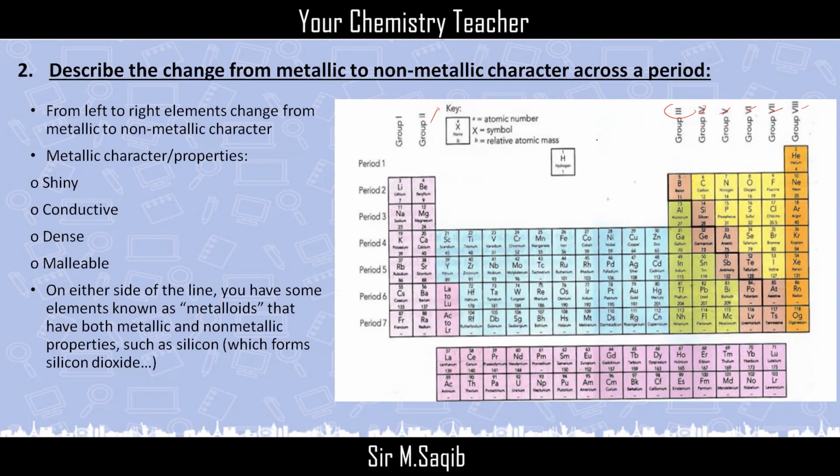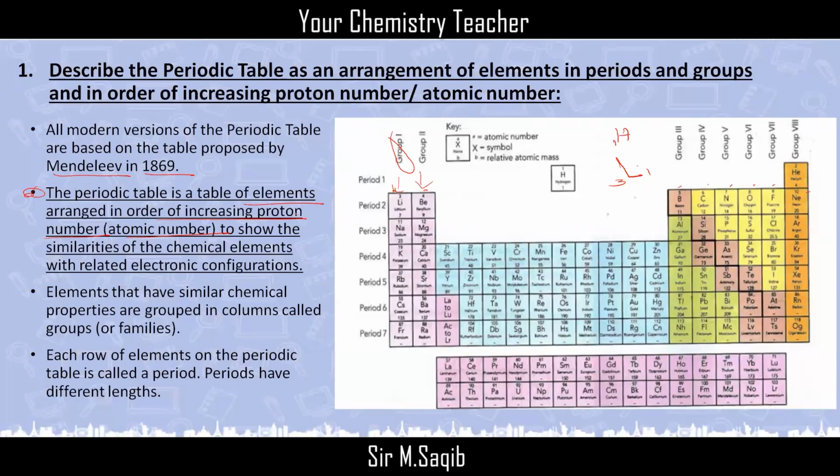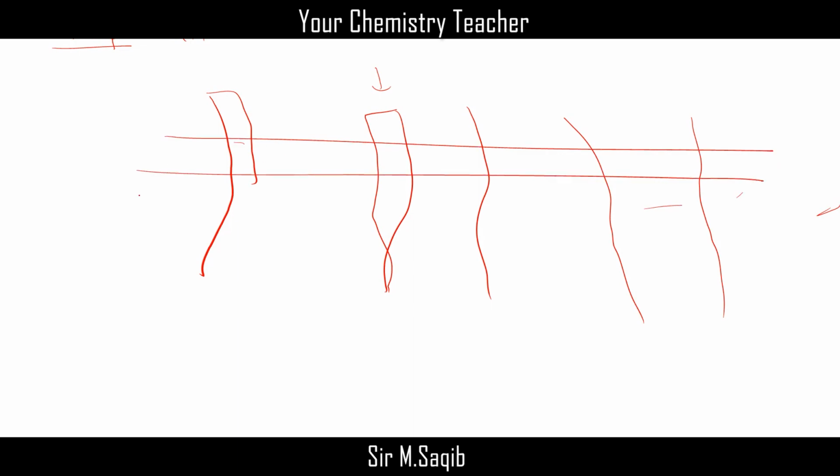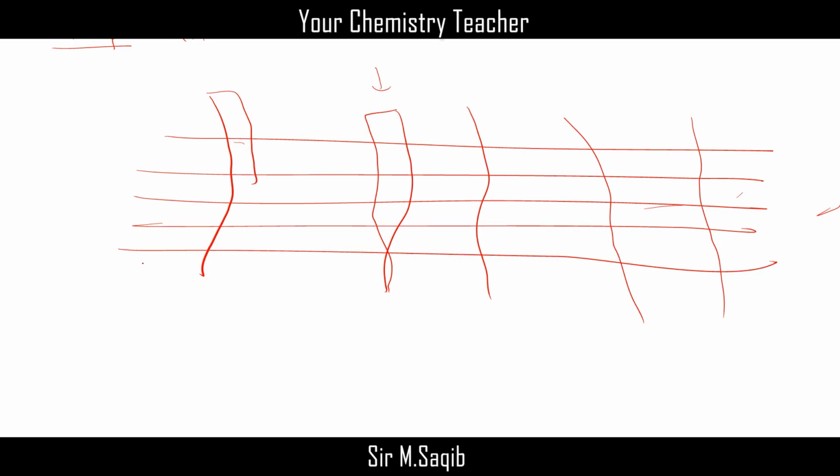The vertical columns are called groups, and the horizontal rows, which are basically like this, let me just draw like this, are called periods.